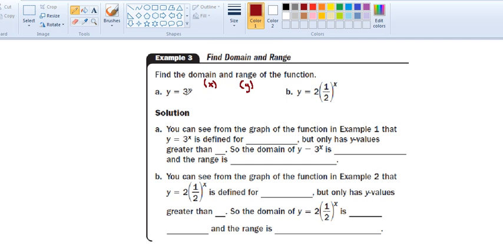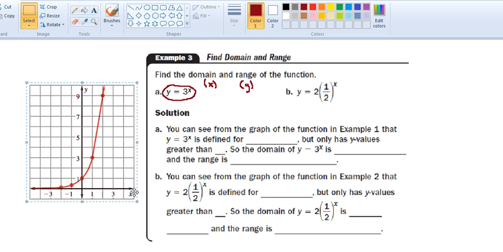Okay, so let's go back to looking at our graph for this one right here, y equals 3 to the x power. That was back in example 1. So you could look here or look in your graph, but this is what y equals 3 to the x power came out like, something like this. Now, before we start, let's notice a couple things.